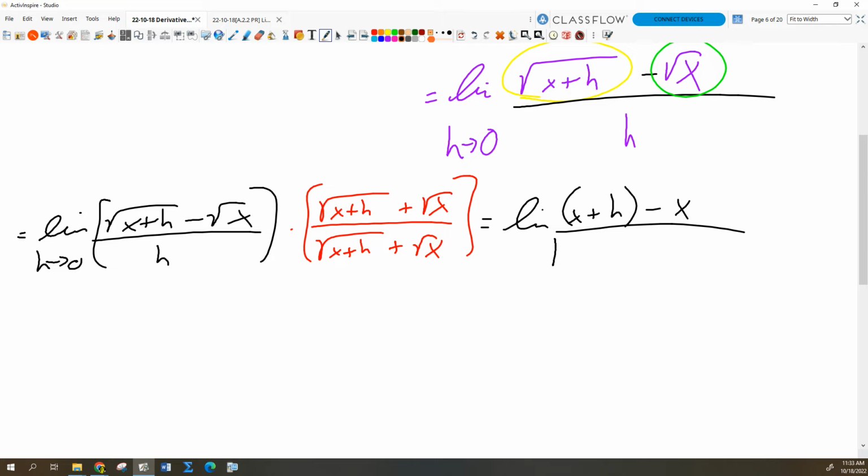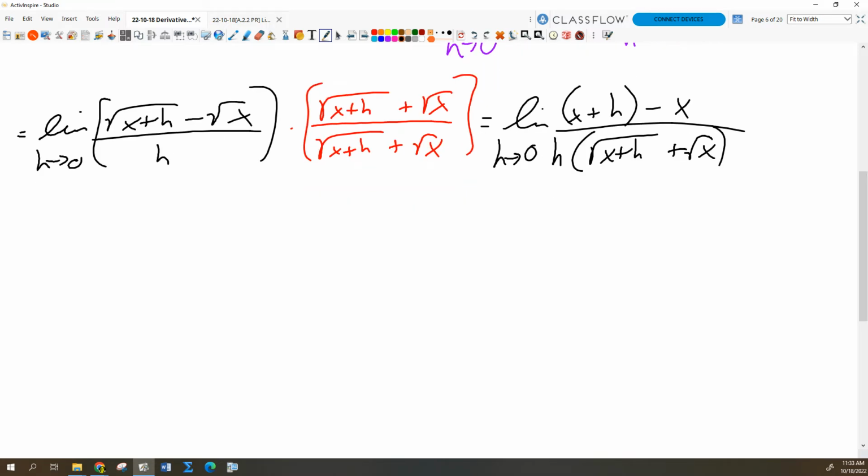I get h times the quantity square root of x plus h plus the square root of x, as h goes to 0. And what good stuff happens on the top? The x's cancel. Okay, so we end up with the limit of h over h times that big factor.